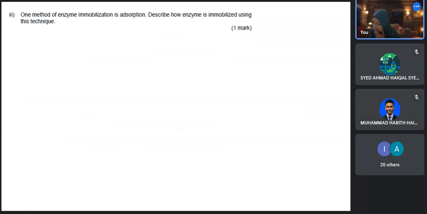Okay, next question. One method of enzyme immobilization is adsorption. Describe how enzyme is immobilized using this technique. Immobilization through adsorption. So this one involve apa? Formation of weak bonds such as hydrogen bonds, van der Waals interactions, hydrophobic interaction between the enzyme and the support.